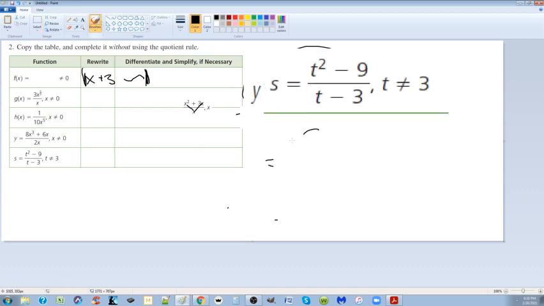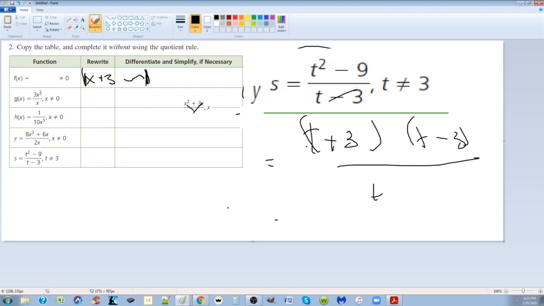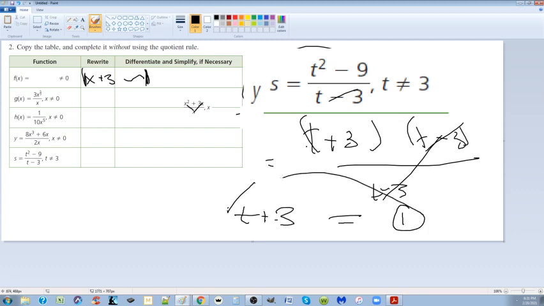Up above, it's a difference of 2 squares. Right away the bottoms can cancel out, and I'm left with t plus 3, which is just a line. There's the slope of that line, so the derivative is just 1.